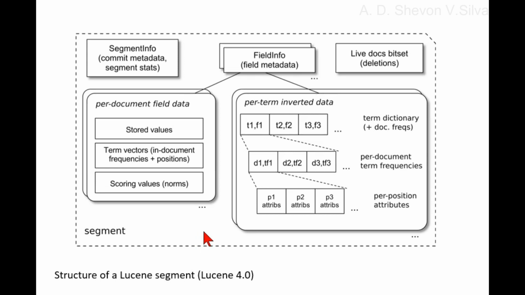Field types. There are two broad categories of fields in a Lucene document: those that carry content to be inverted, the indexed fields, and those whose content is to be stored as is, the stored fields.